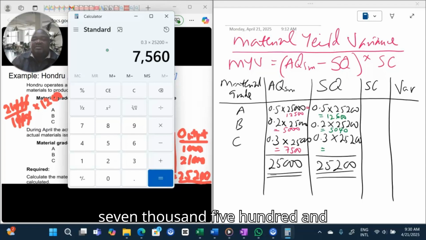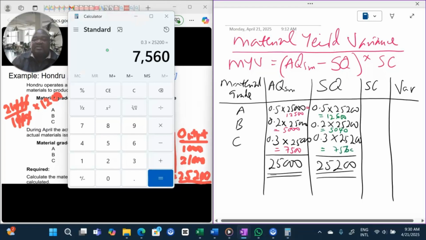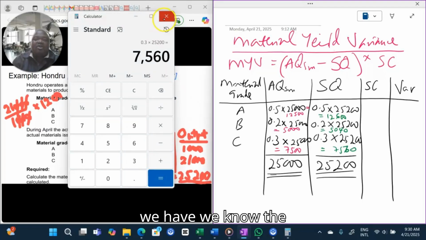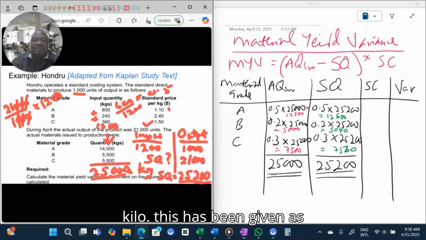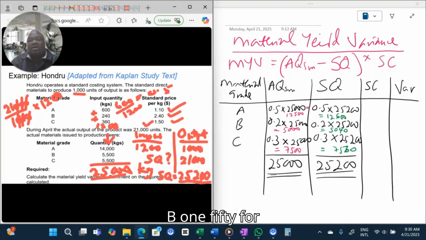That's 7,560. Then we know the standard price per kilo. This has been given as 1.1 for A, 240 for B, 150 for C.